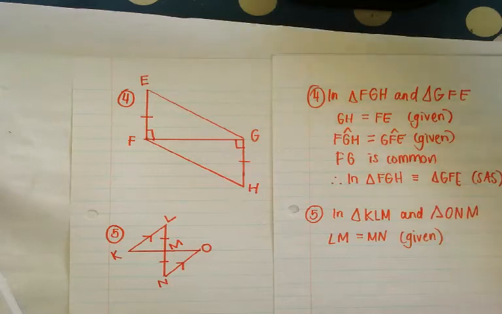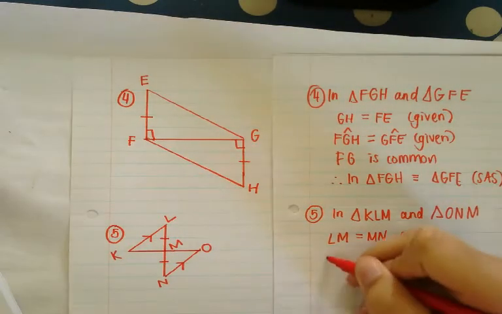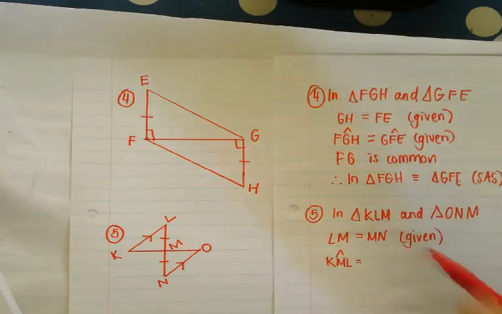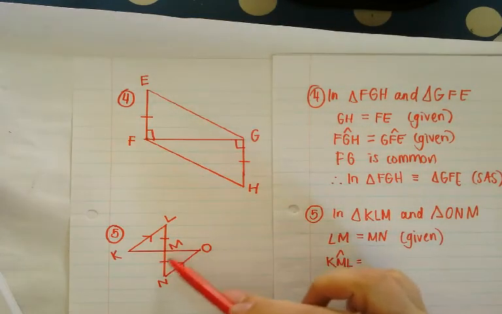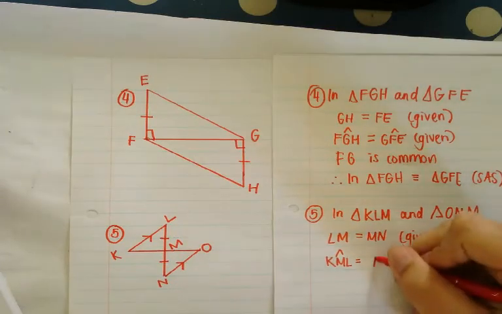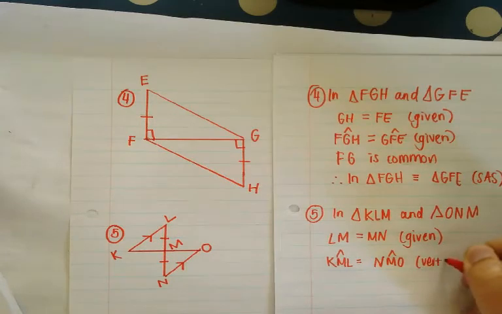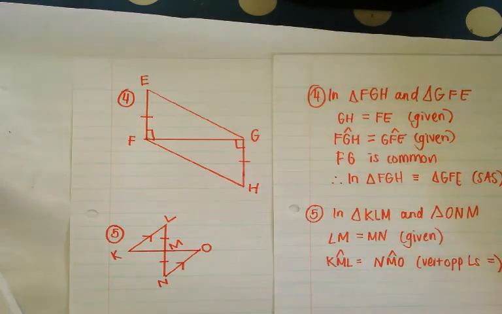You have parallel lines, so you can do two alternate angles. You can do your vertically opposite angles, so I'm going to do that. KML has to have 3 letters because there's 2 possible angles at M, and NMO, vertically opposite angles are equal.